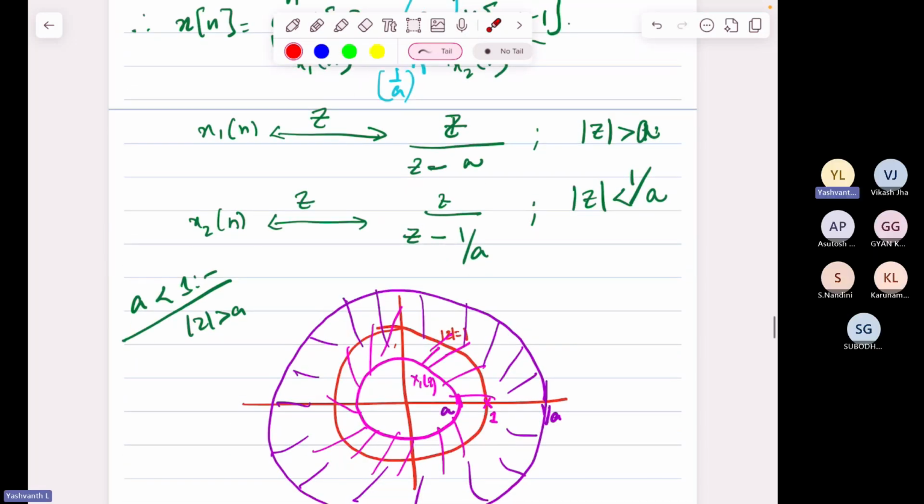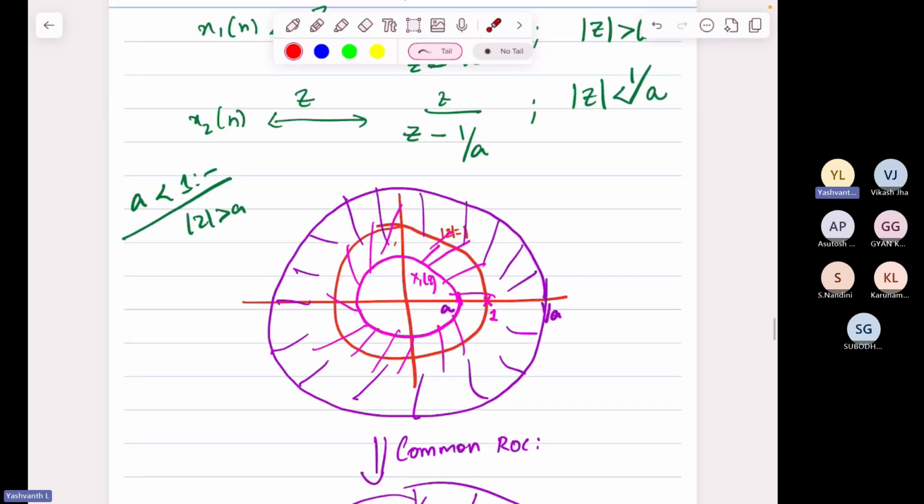Now what happens when a is less than 1? When you look at mod z greater than a, and a is less than 1, first we will draw a unit circle. This red color one is the unit circle. Now a is less than 1, so mark z equal to a inside the unit circle.